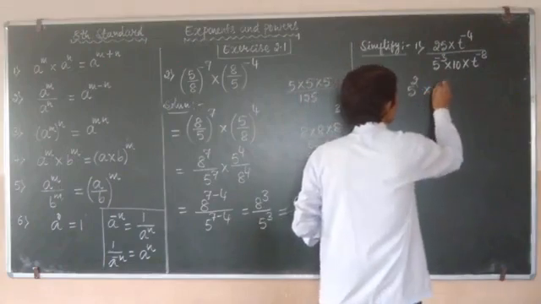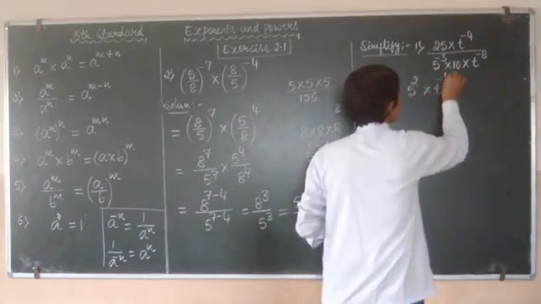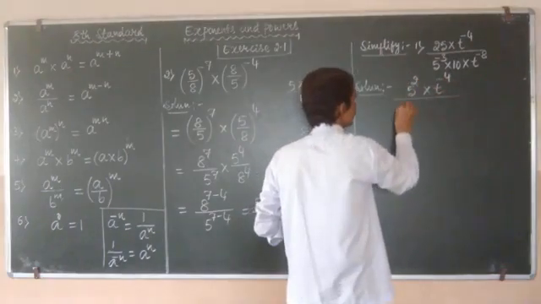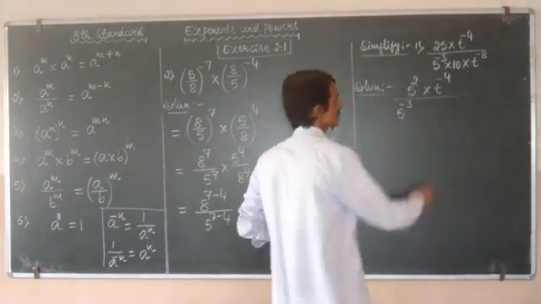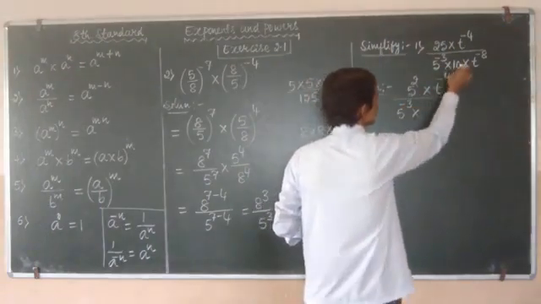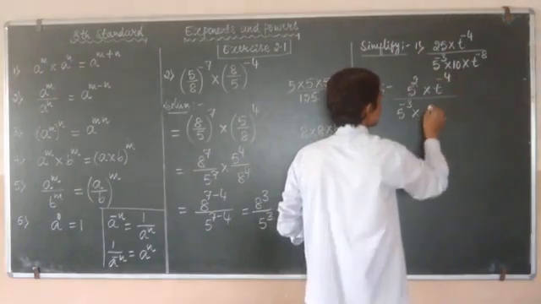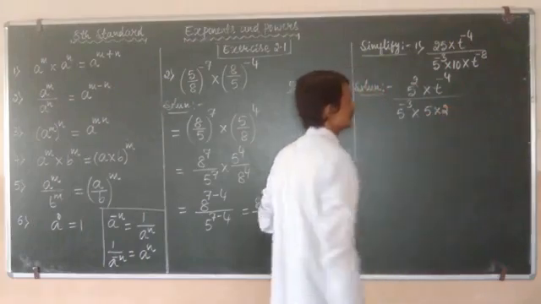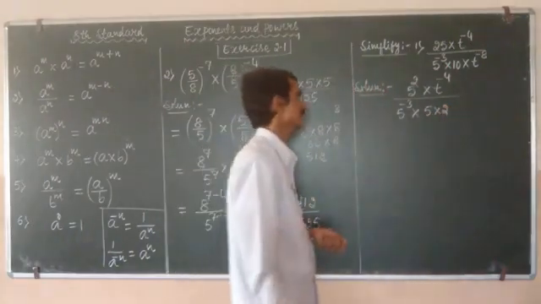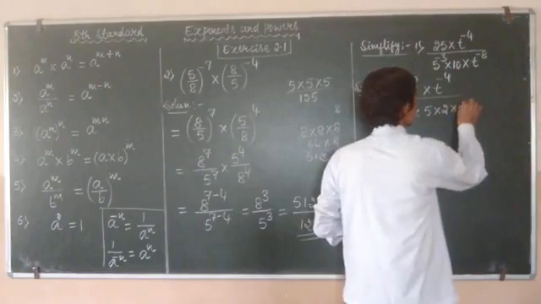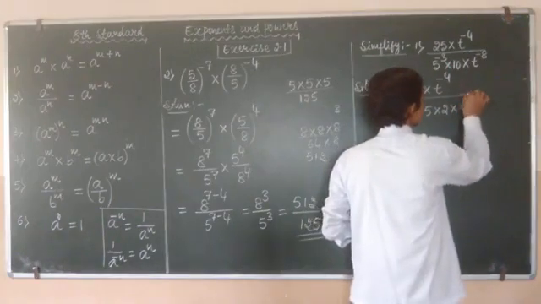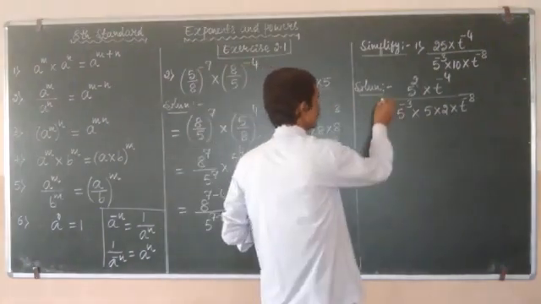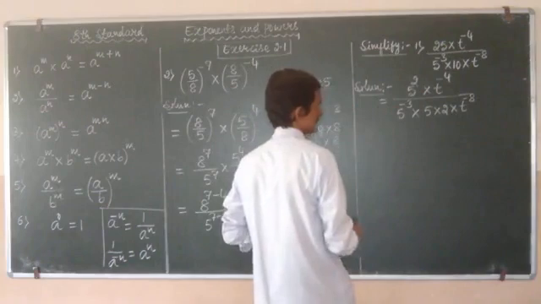Write down 5 to the power of minus 3 as it is. This 10 can be written as 2 into 5, because 10 is a product of 2 and 5. Then to the power of minus 8 as it is.